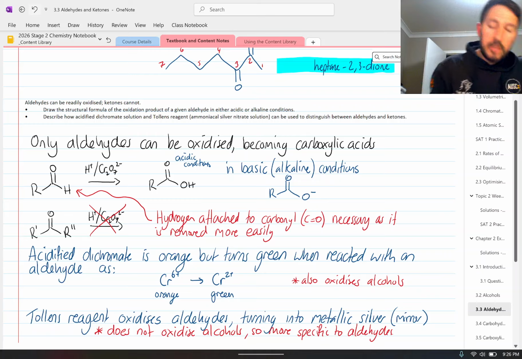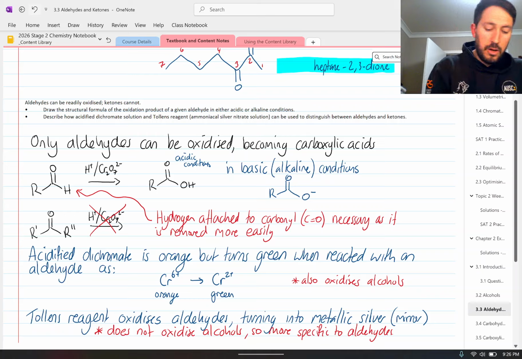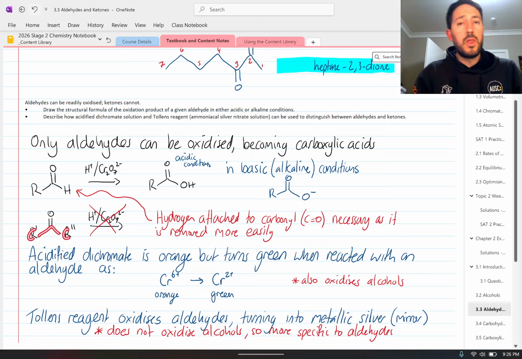Now, the reason why this can happen with an aldehyde is because the bond between this carbon and this hydrogen, while strongish, is weaker than a carbon-carbon bond would be. So if we have a ketone where we have bonds with carbons, those are not going to be able to be pulled off under these reaction conditions. That means when we put it in acidified dichromate, nothing will happen.